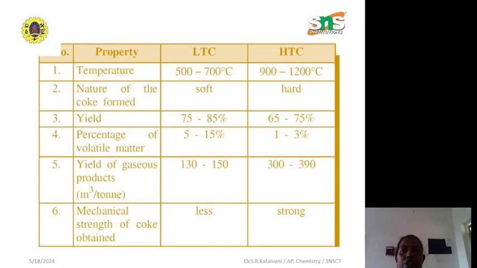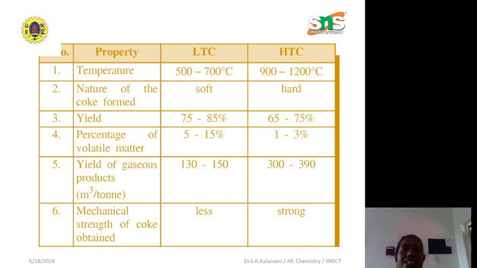Then properties of LTC and HTC, low temperature carbonization and high temperature carbonization. First property is temperature. In low temperature carbonization the value is 500 to 700, in HTC it is 900 to 1300 degrees Celsius. The nature of the coke formed: in the LTC process soft coke is formed, but in the case of HTC hard coke is formed.